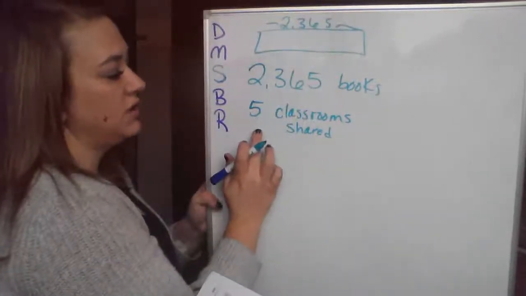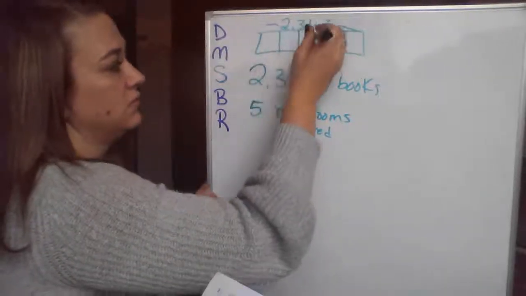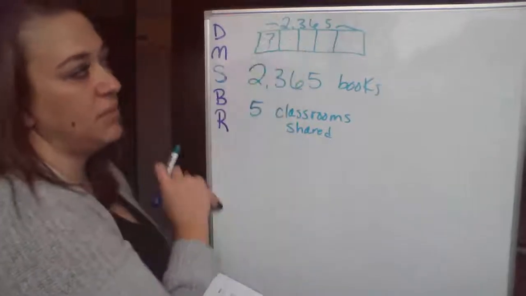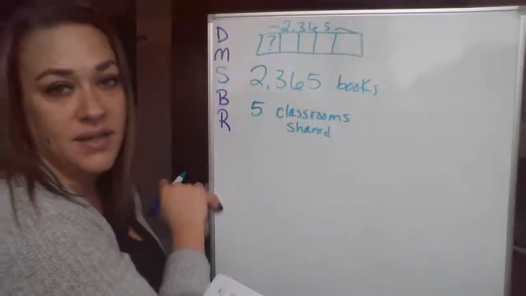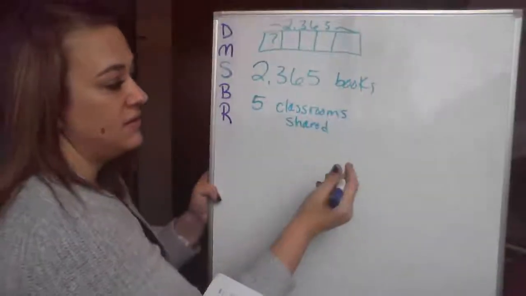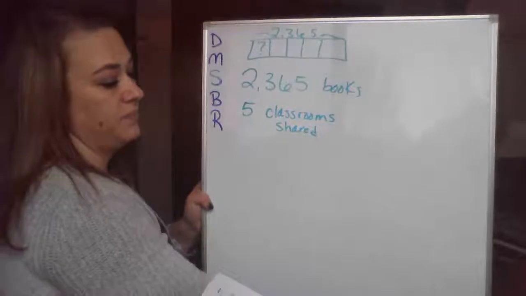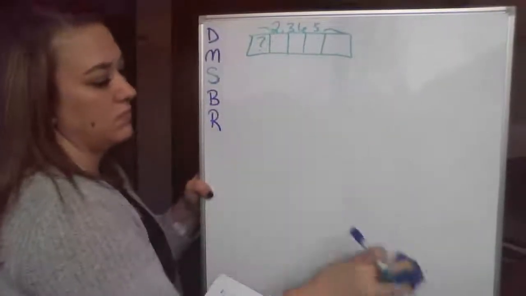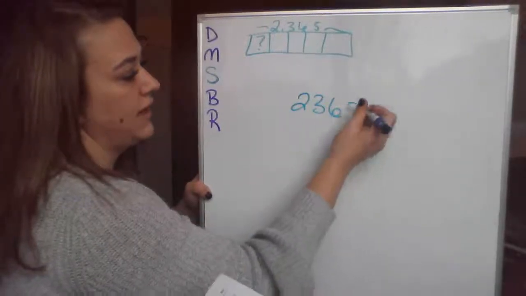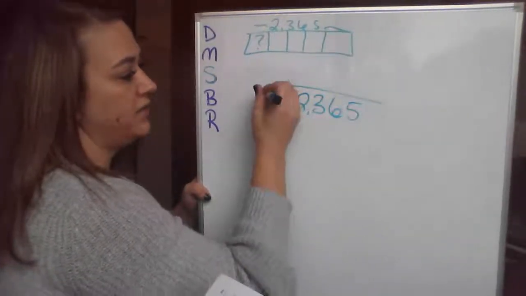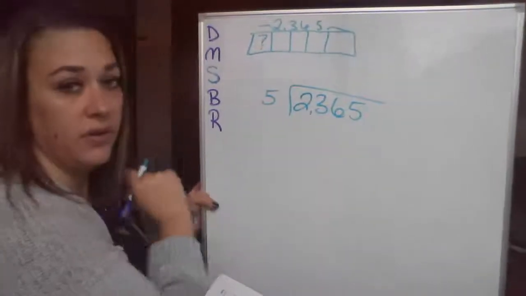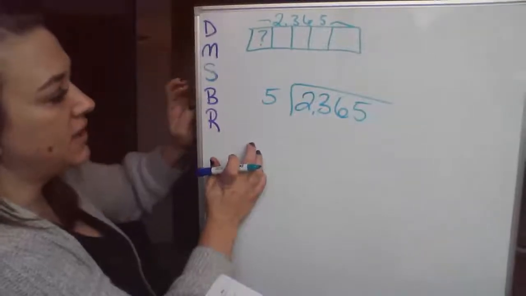And I know that I'm sharing this with 5 classrooms. But what I don't know is how many will each classroom get. So remember on that first one we did, we divided by the amount of units. So we took 2,365 divided by 5. So if that's what you wrote down or what you said, nice work. Okay. And then we can go through our steps.